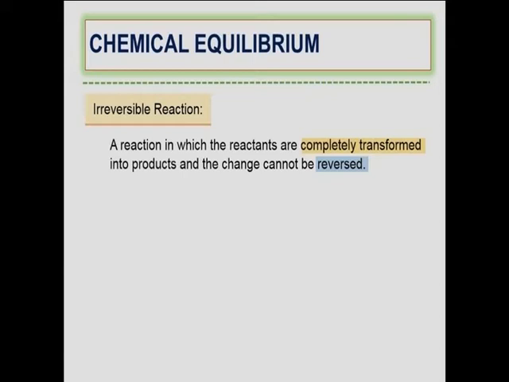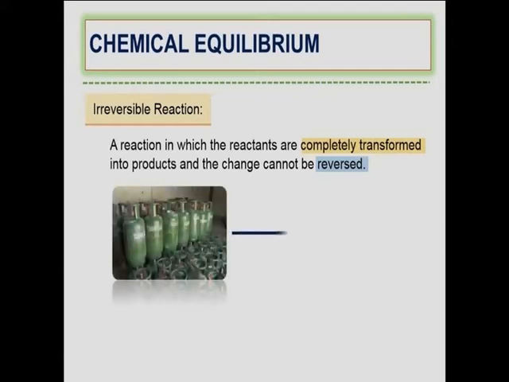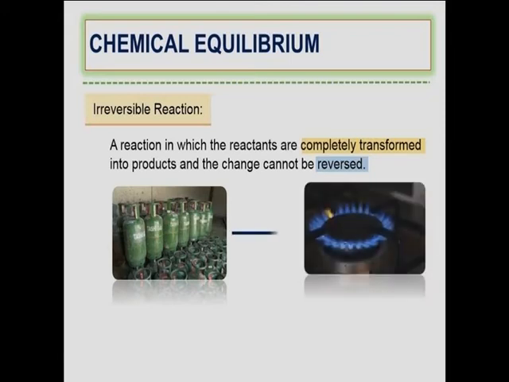This type of reaction we call an irreversible reaction. For example, burning of LPG gas is an example of an irreversible reaction. Once your LPG gas gets exhausted, you cannot get back the LPG gas. So for that you will have to go and find a new one.